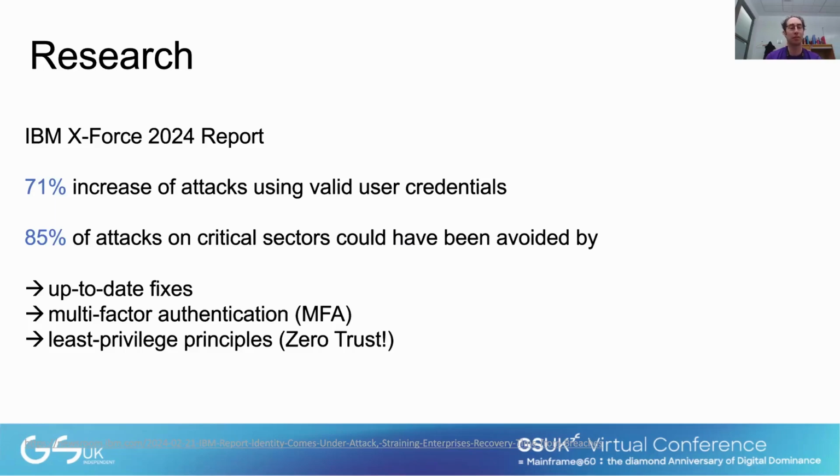They're getting in because they appear to be real users, and most attacks can be avoided if you've got up-to-date security fixes, implemented MFA, and have what they call least privilege principles, which is zero trust: by default you have no access and you only get the bare minimum access you require to satisfy your job role, and not either having no checks at all or having blanket access that's far higher than needed.